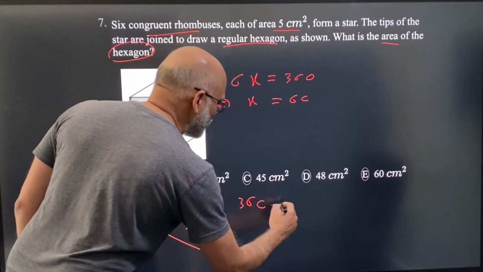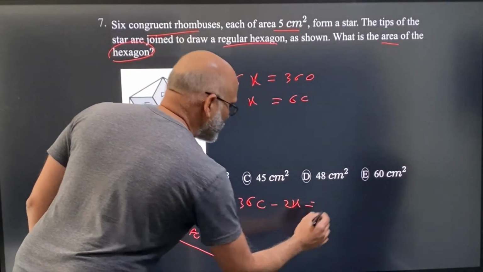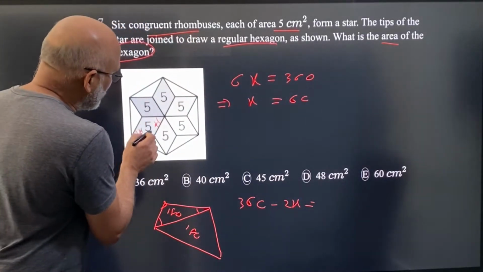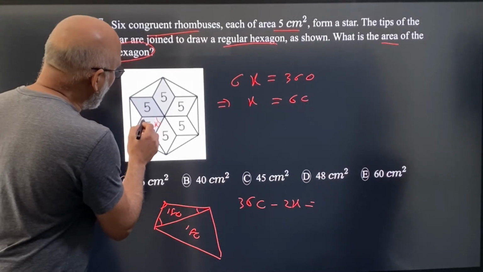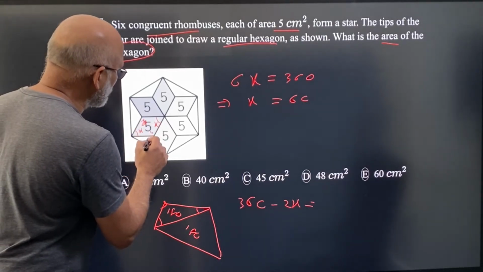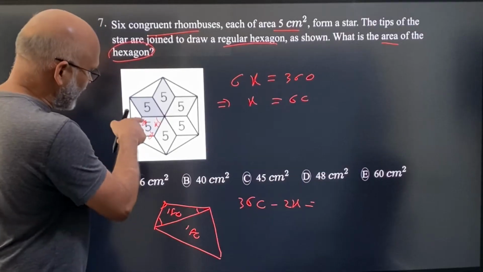So I'm trying to find these 2 angles. Let me call this y, and this also has to be y, because they are the same angle.